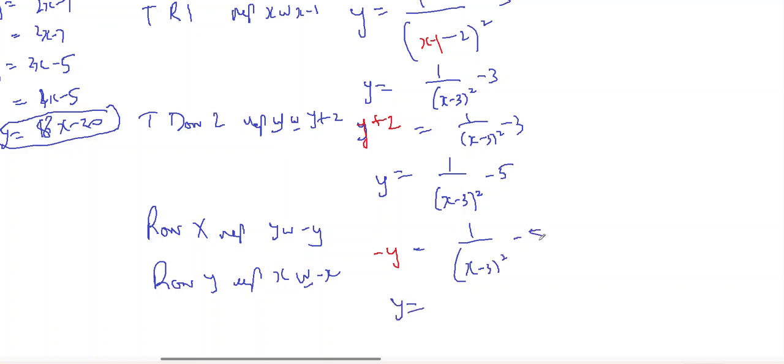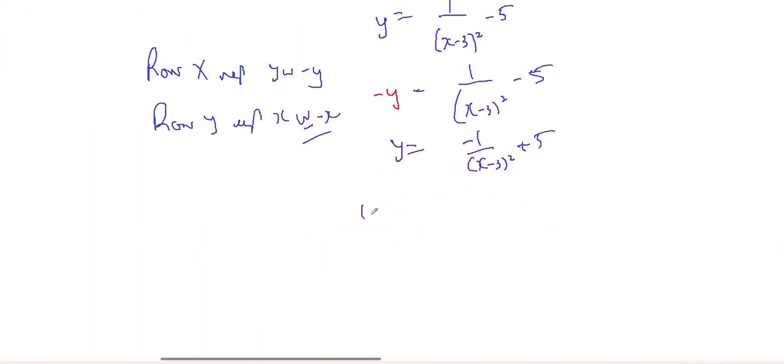Therefore, y equals negative 1 on top of x minus 3 squared plus 5. And replacing the minus x, so y equals negative 1 on top of minus x minus 3 squared plus 5.